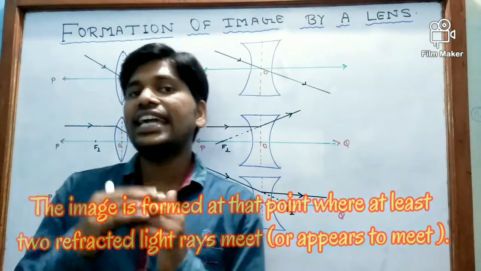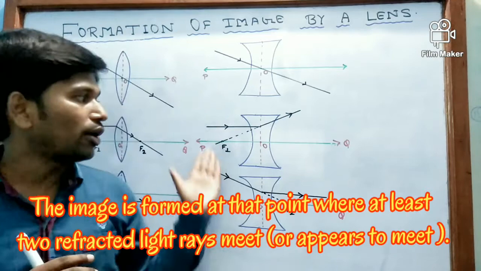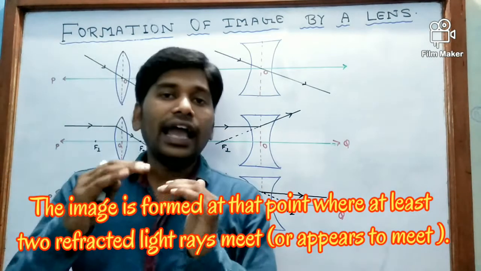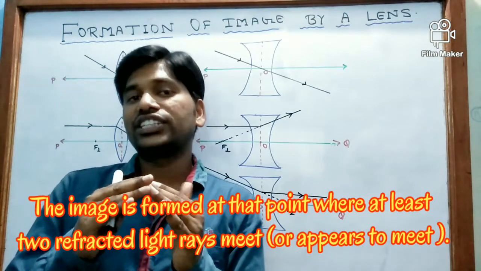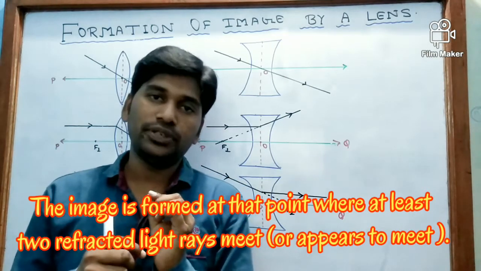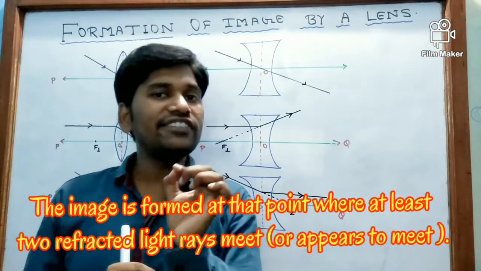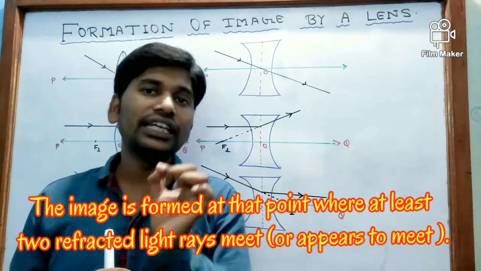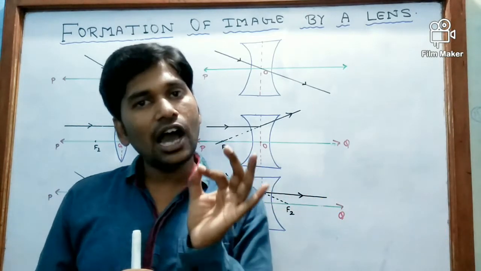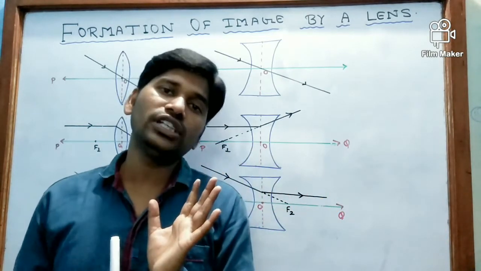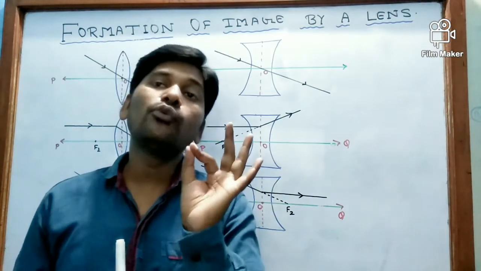So to draw the ray diagram, we choose at least two rays from these, and at the point where they intersect after refraction, the image is formed. If they actually intersect after refraction, then the image formed is real, and if they appear to diverge from a point after refraction, then the image formed is virtual.